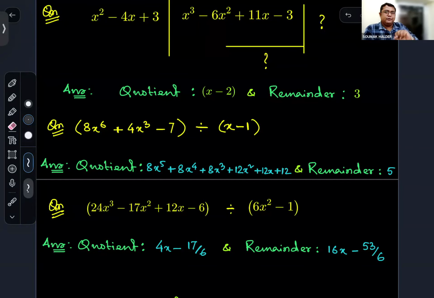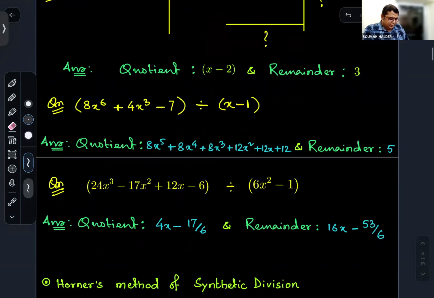It's only the last column which will be responsible for remainder. Okay?